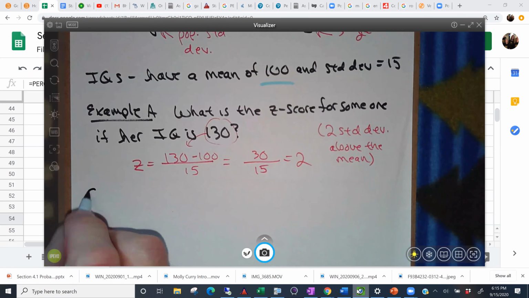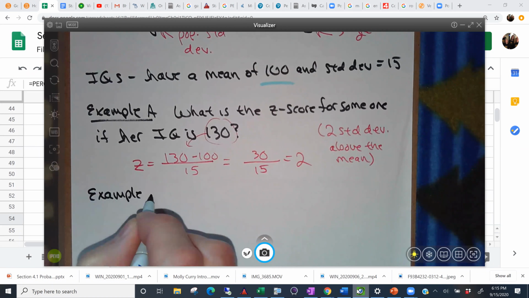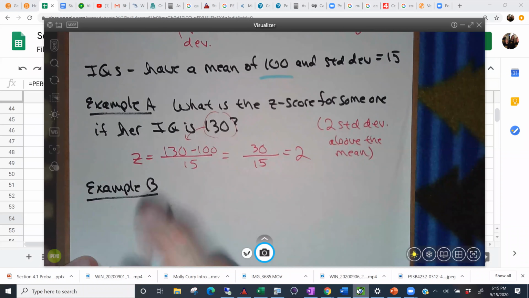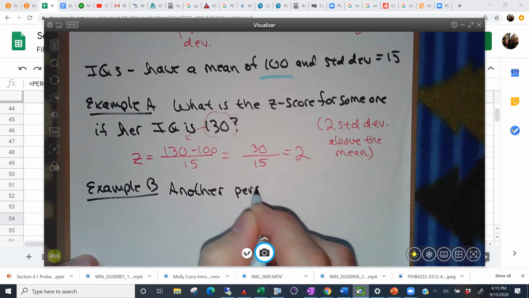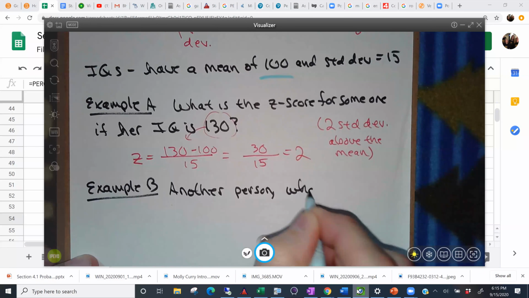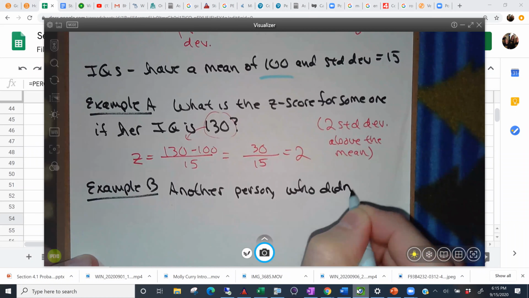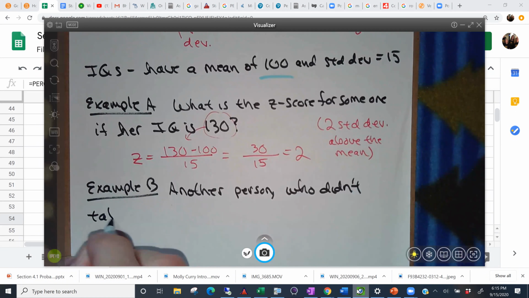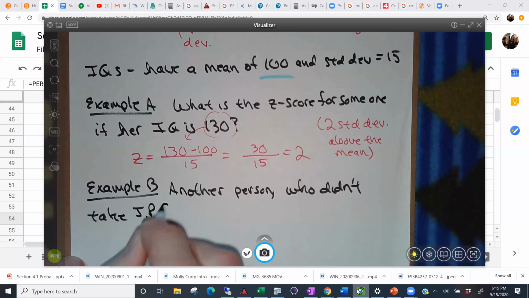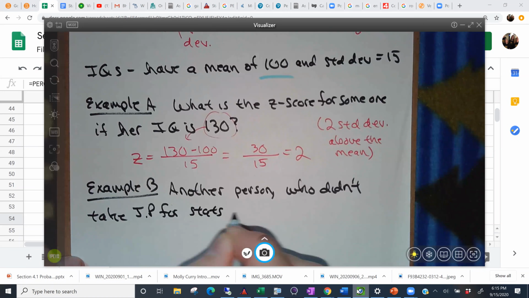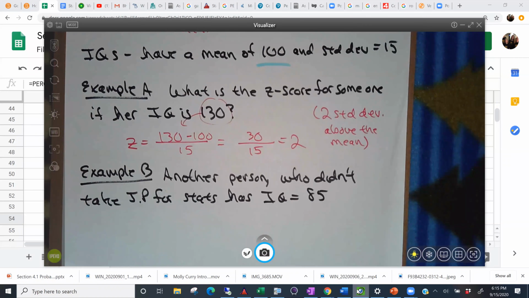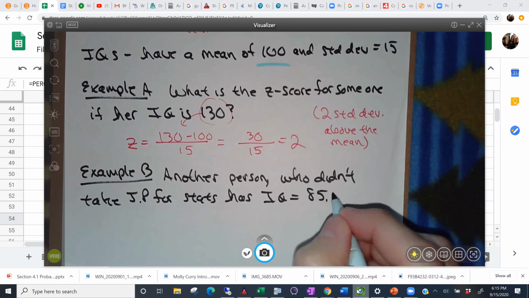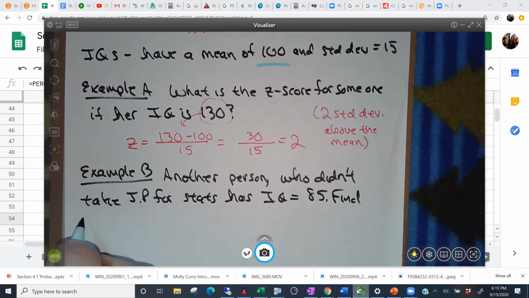Let's do another example. Example B. Another person who didn't take Jeff Parent for stats has an IQ equal to 85. Find their z-score.